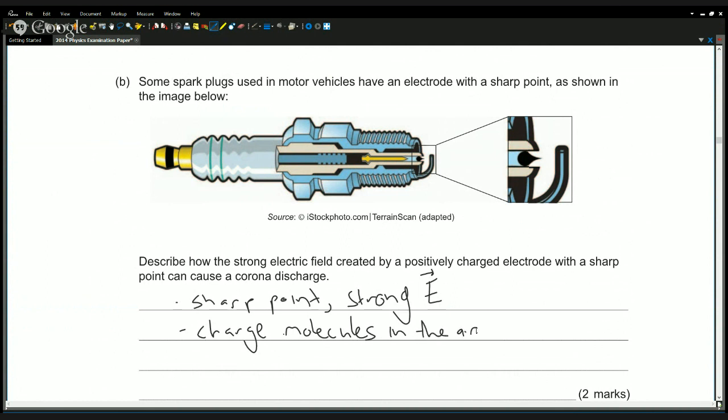The air particles around there will end up charged, particularly polar molecules, which will be attracted to the point of the strong electric field. And once they come in contact, they would become charged through conduction, and then the charged particles discharge away from the sharp point.